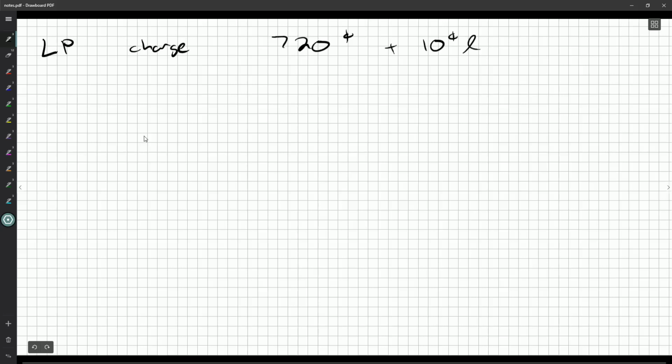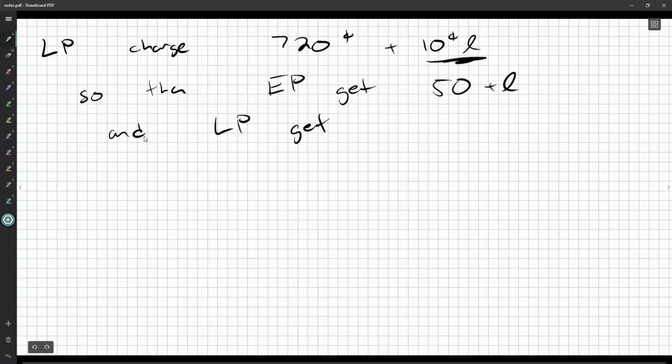So he's added 10 cents times L to his pizza, and then Aaron's Pizza will get 50 plus L customers, and Lino's Pizza, because he's added on, I'm assuming L is positive, will get 50 minus L. Although if L is negative, then Aaron's Pizza will have the lower amount, because they'll be adding a negative rather than subtracting. So that's how many customers Lino will get.